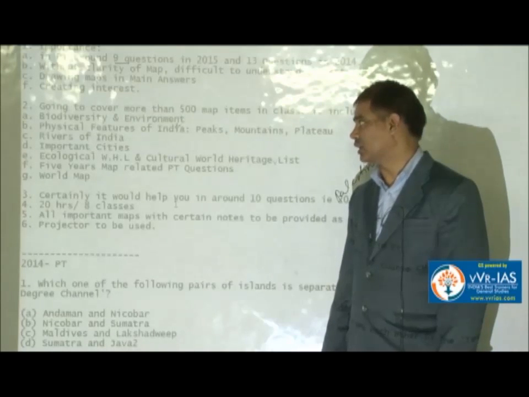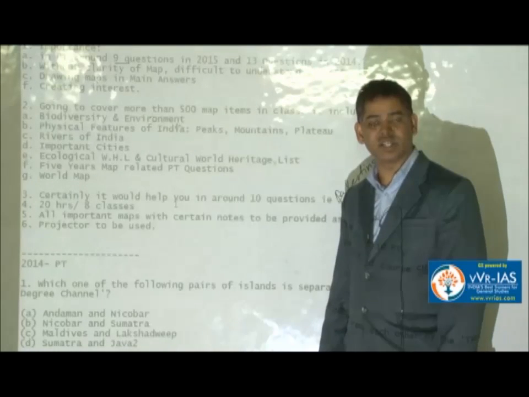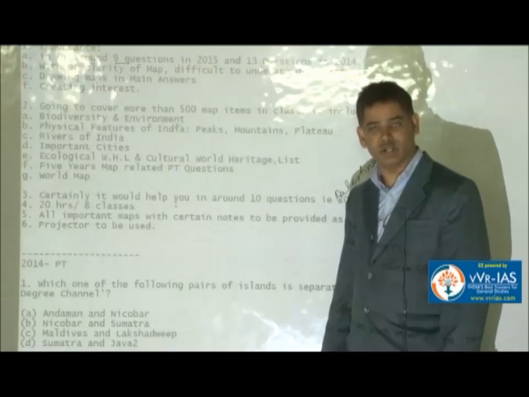And apart from that, in biodiversity and environment, we are going to discuss certain wetlands of India and the tiger reserves of India. Tiger reserves started since the 1972 Act, and the first tiger reserve was created in Uttarakhand in 1973.